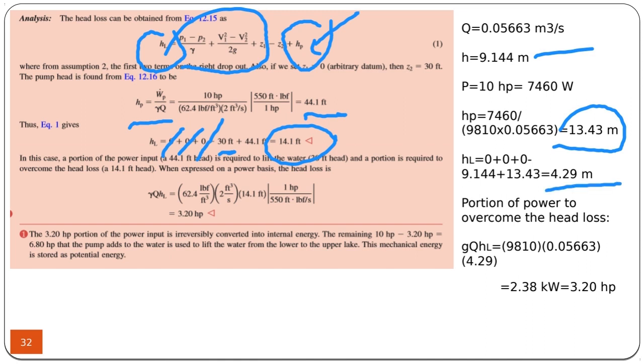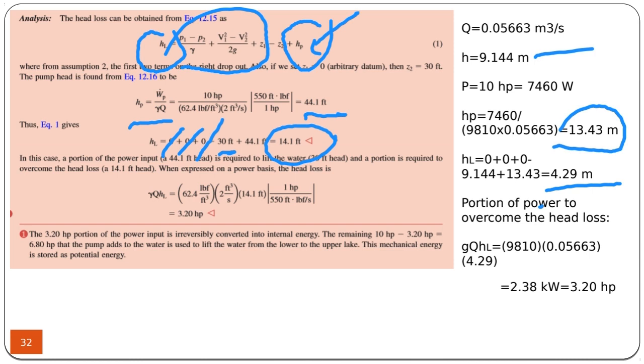It means that you have to overcome this loss so that the water can be pumped up. So the first thing is to overcome this. What is the power equivalent of this loss? You can just calculate the power loss due to the friction.